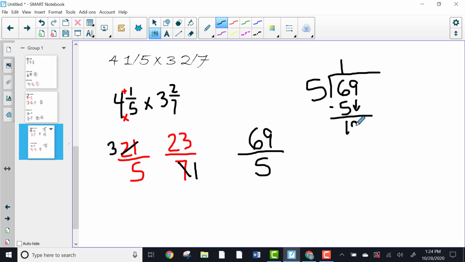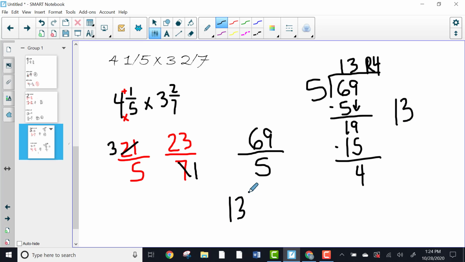Bring down my 9. 5 into 19 is going to go 3 times. 5 times 3 is 15, with a remainder of 4. And now I have my whole number, my remainder, and we can see that my answer for this would be 13 4/5. I'll write it over here.